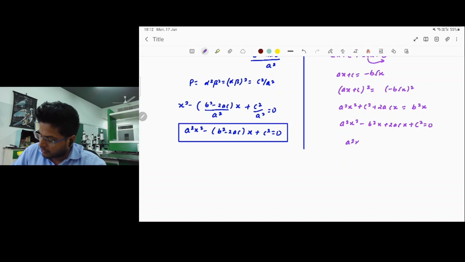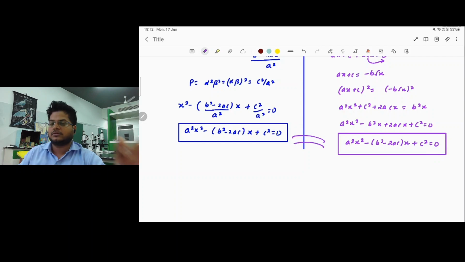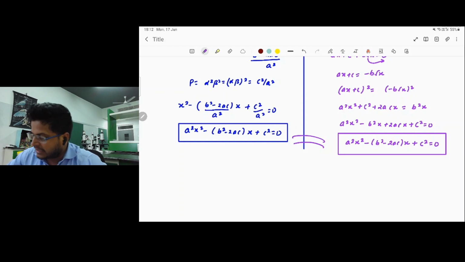So ultimately we got a square x square minus (b square minus 2ac) x plus c square equals 0. You can see here that we have got exactly the same answer. I hope we are clear on this.